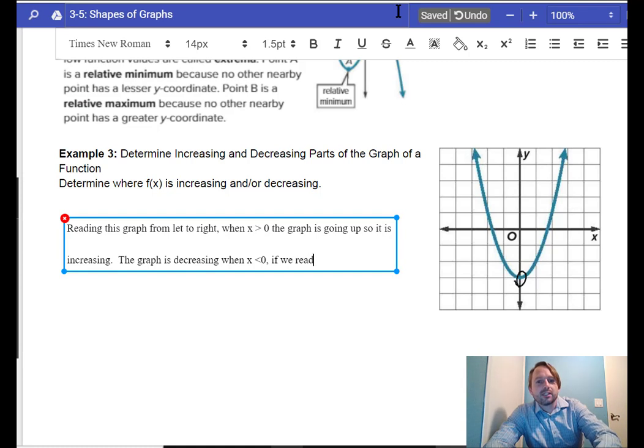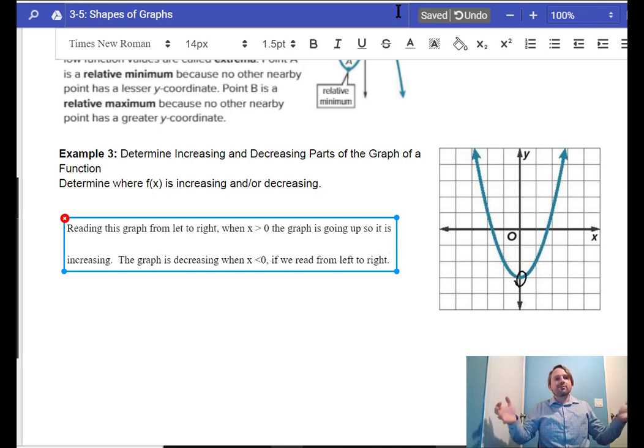But if we're talking from our point, relative to x is 0, it's increasing as we go away from x is 0. It just depends on how you're describing it, because there's multiple ways for you to describe a graph. All right, let's go on.